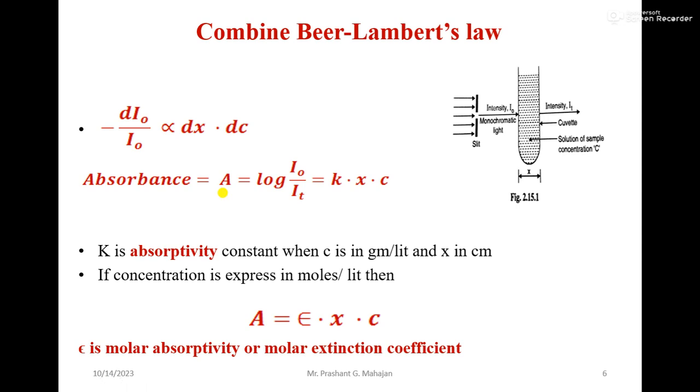Finally, absorbance A is equal to log of I0 upon IT, which is equal to K into X into C, where A is absorbance, I0 is the intensity of incident radiation, IT is the intensity of transmitted radiation, K is the constant, X is the thickness of the solution, and C is the concentration of the solution.